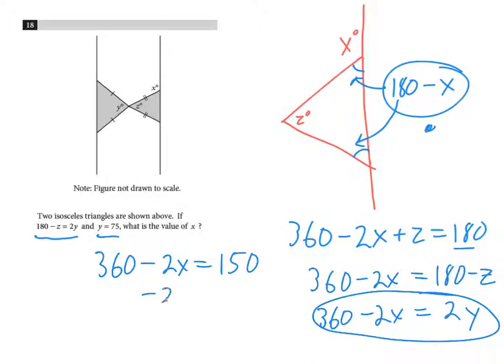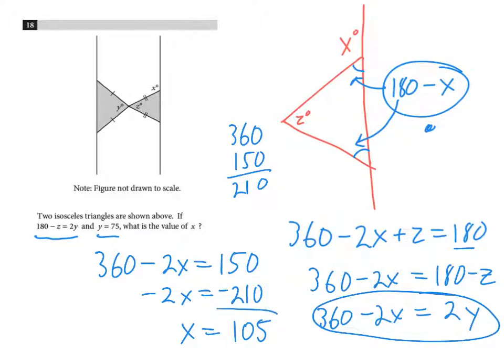Subtract 360 from both sides. 150 minus 360, 360 minus 150, that's going to be 210, so that's going to be negative 210, and divide both sides by negative 2, and we're going to get a positive 105 for x.